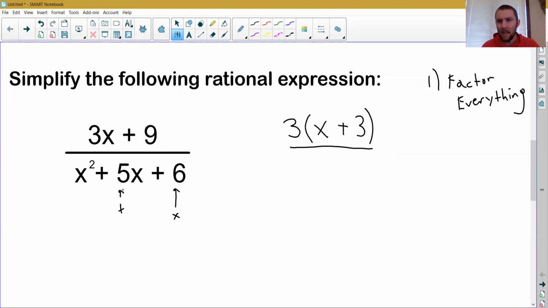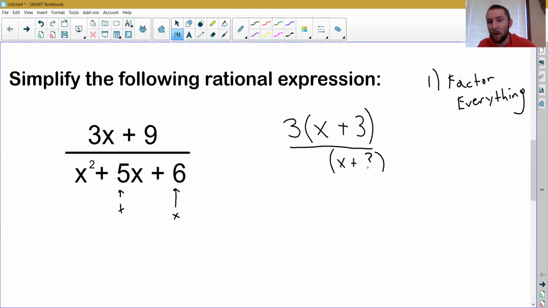Now, if you're still having trouble with this particular skill, I will tell you that in these rational expressions, if you've already factored the numerator, we already have a piece of x plus 3. Because I'm hoping to be able to cancel things out that are exactly the same, I'm thinking that probably one of my two factors on the bottom is also going to be x plus 3.